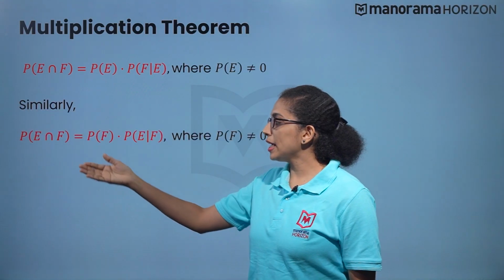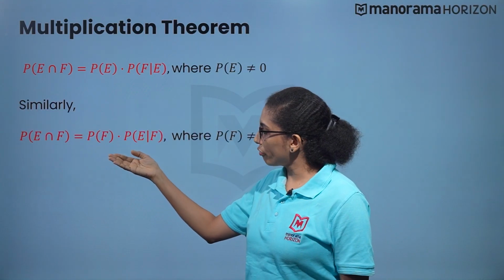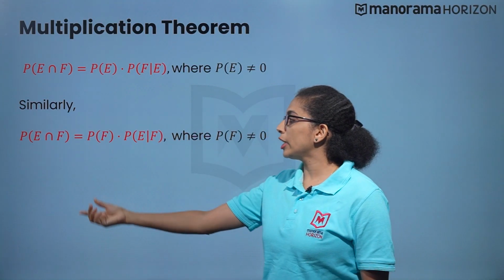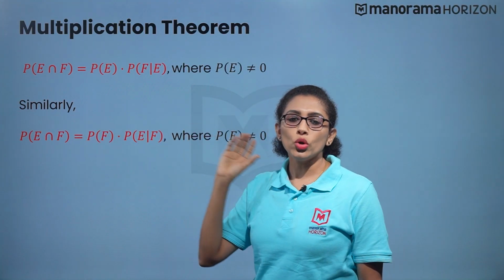Similarly, P of E intersection F is equal to P of F into P of E given F, where the probability of F should not be equal to 0.